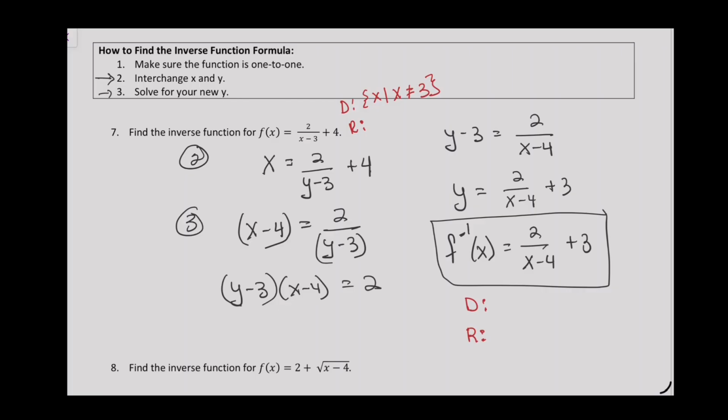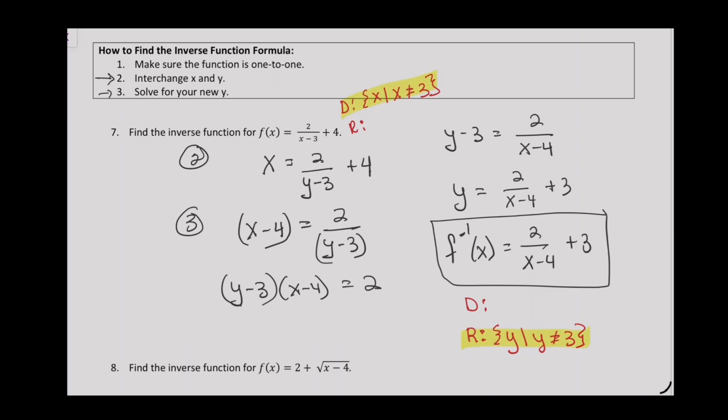So I know the domain of f, which means I know the range of the inverse: all values except, I'm going to say y, actually, it'll be easier for right now, except for when y is 3. We know that because the domain and the range flip-flop.